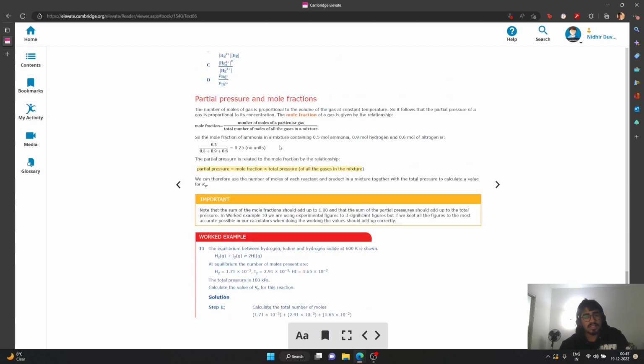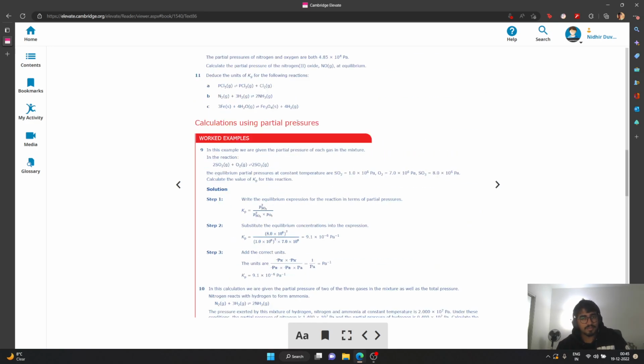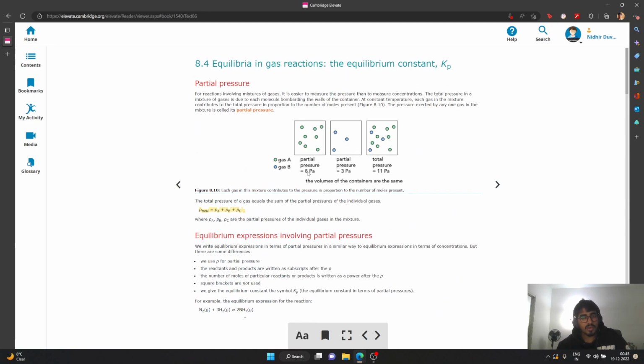Okay, and the last thing to talk about is that you can also define this in terms of mole fractions. So you can say there are maybe 8 moles of this, 3 moles of this, and in total there are 11 moles of gases present here.